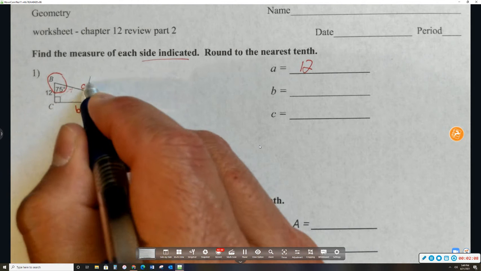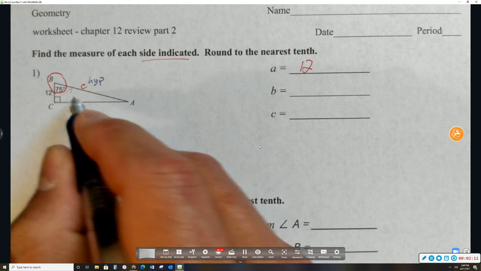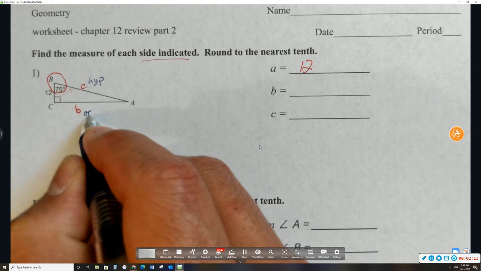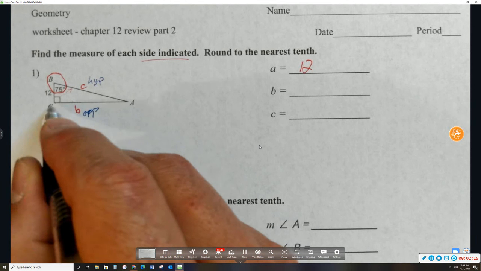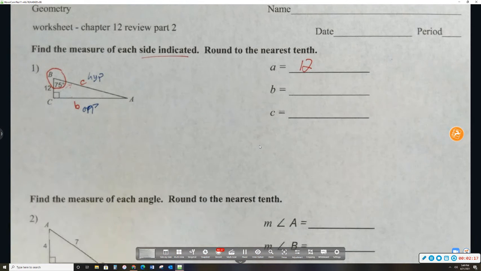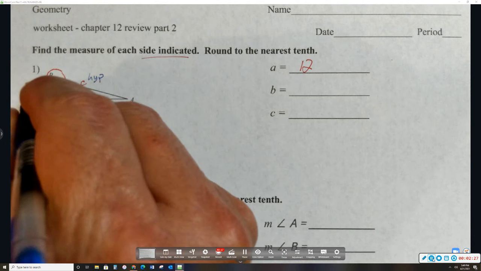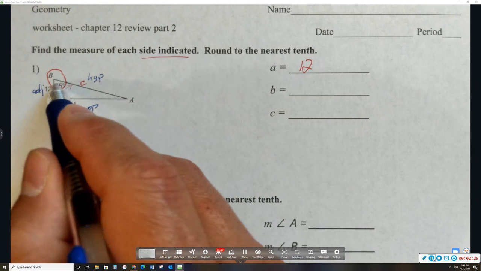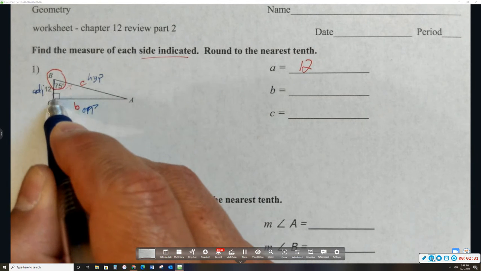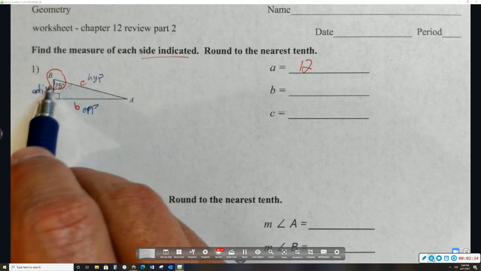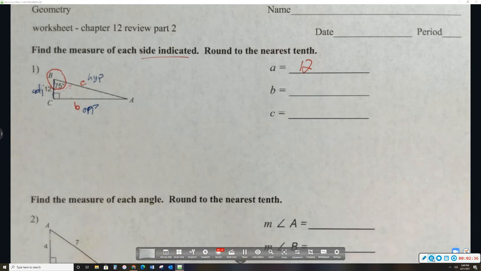For example, C is the hypotenuse, lowercase b is the opposite side, and actually 12 is the adjacent side, because it is next to angle B. So that makes 12 the adjacent side.